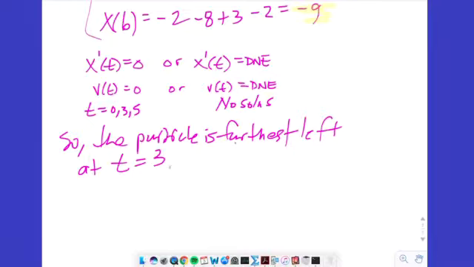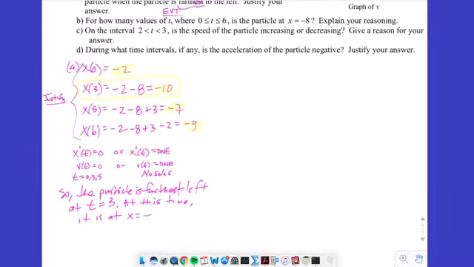And then you could say at this time, it is at x equals -10. So I don't know. Can anyone think of a better way to answer both of those in one sentence? The particle is farthest left at x equals -10 at t equals 3.